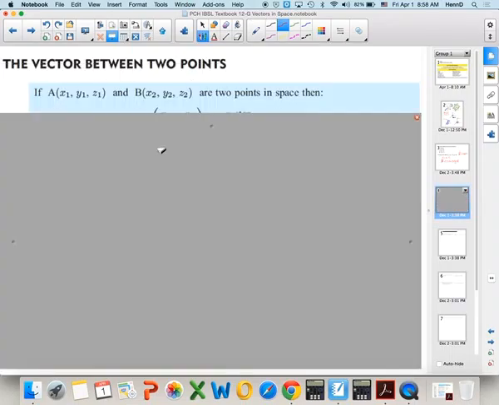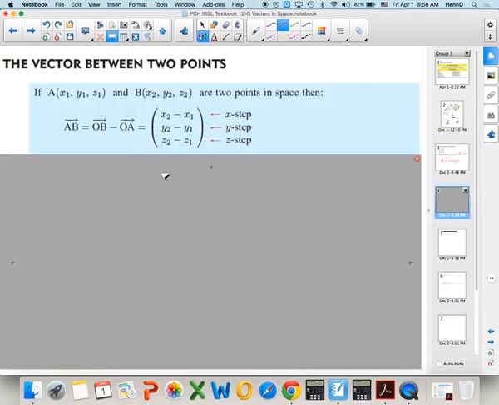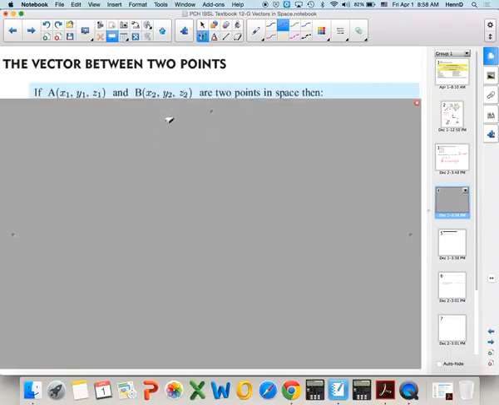let's say we have the vector between 2 points, okay? Now, if you remember, when we were finding the vector between 2 points in 2 dimensions, we took the coordinate of the point that we were going to, and we subtracted the coordinate of the point we were coming from, right? Or we just thought in terms of rise over run, and how much am I moving to get from one point to another?